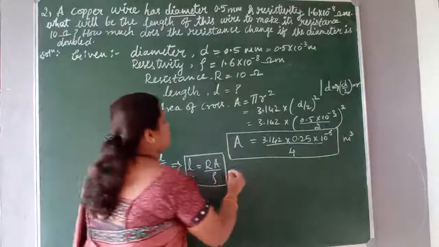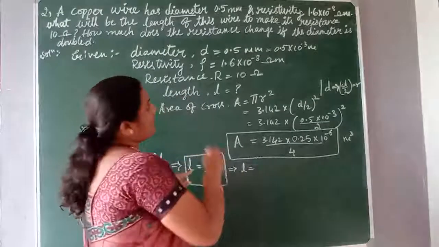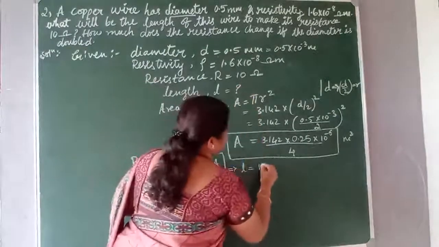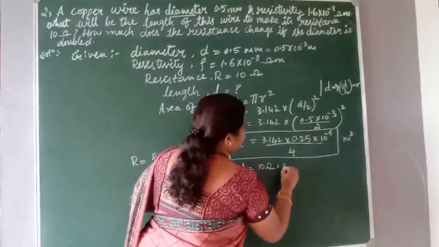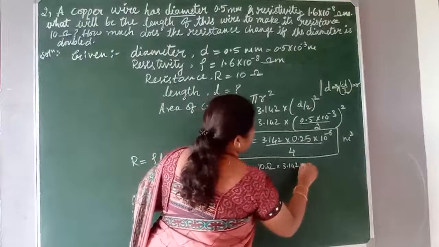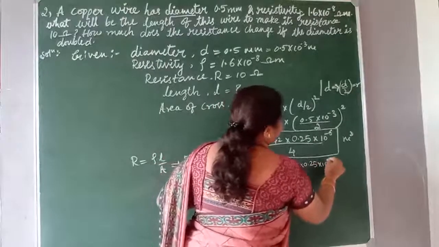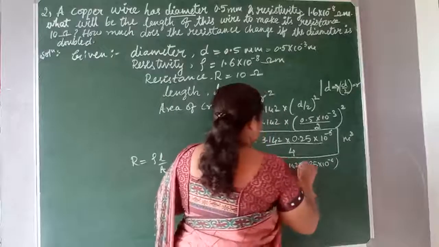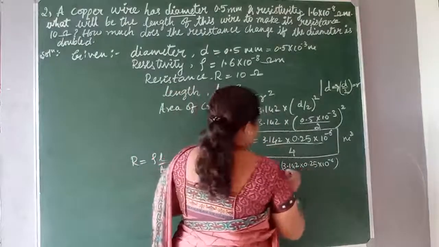This implies L is equal to, what is the R value? 10 ohms. Then A is how much? Into 3.142 into 0.25 into 10 to the power of minus 6, isn't it, children? Divided by 4.